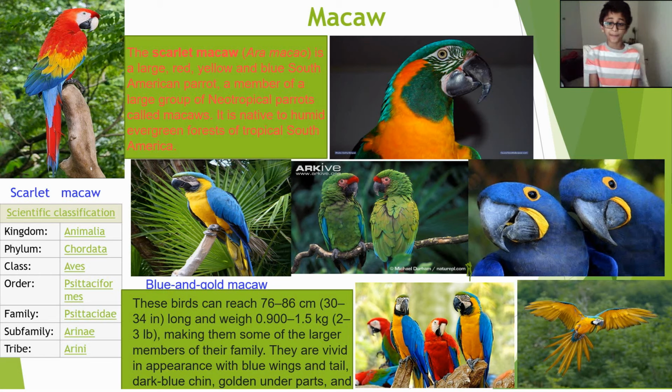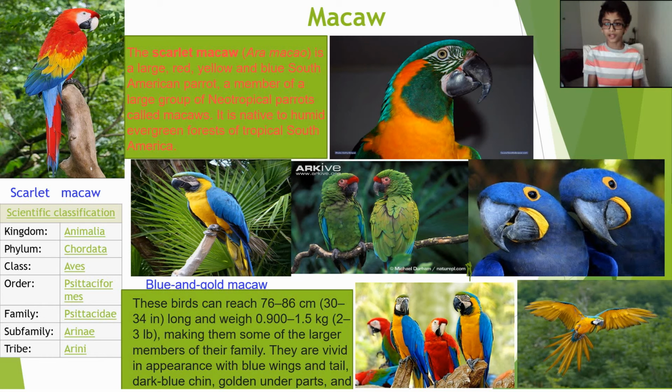It's a bird, and as you can see, I put 4 species here. First is the scarlet macaw. The scarlet macaw you can see at the top left of the screen. The scarlet macaw is a large red, yellow, and blue South American parrot, and it's a member of a large group of neotropical parrots.